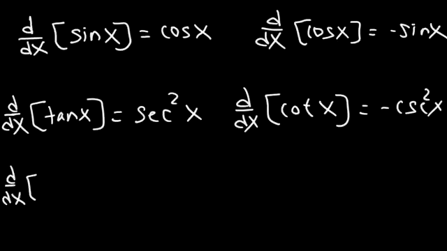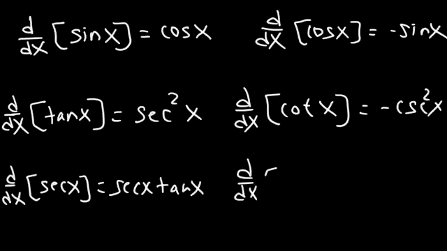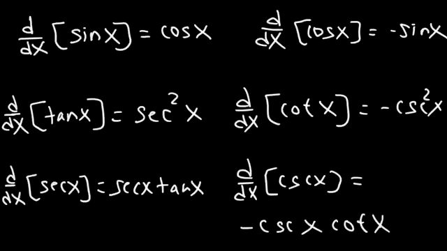Now, the derivative of secant x is secant x tangent x. Based on that, what do you think the derivative of cosecant x is going to be? This is going to be negative cosecant x times cotangent x. And notice this pattern.